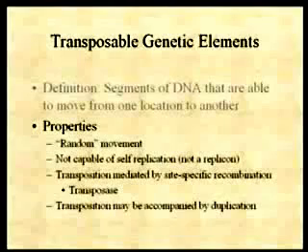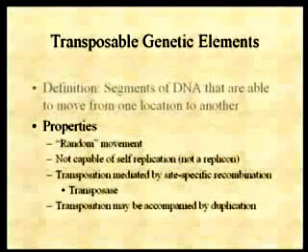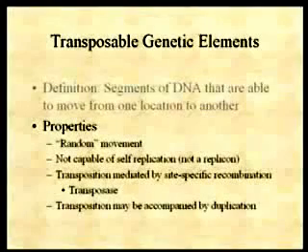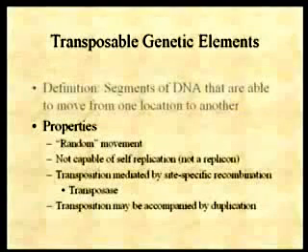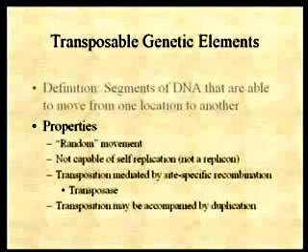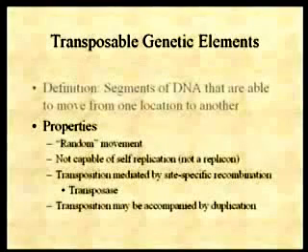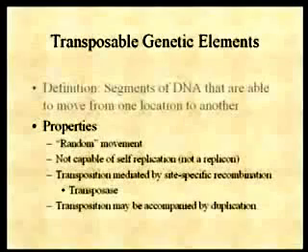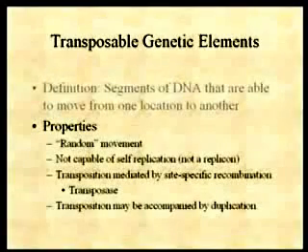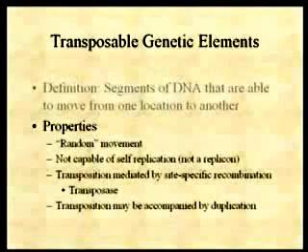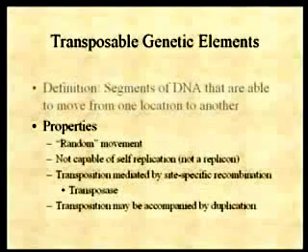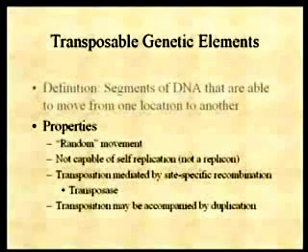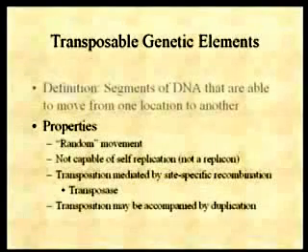Now, it seems like there's a sort of contradiction. I just said that they don't replicate. And the reason I make the distinction is that replication refers to copying yourself to pass it on to daughter cells. That doesn't happen with these things. But they can make a copy of themselves to pass it on to another piece of DNA within the same cell. So it's not, strictly speaking, recombination. All right? It is a duplication, but it's not for replication purposes. All right?